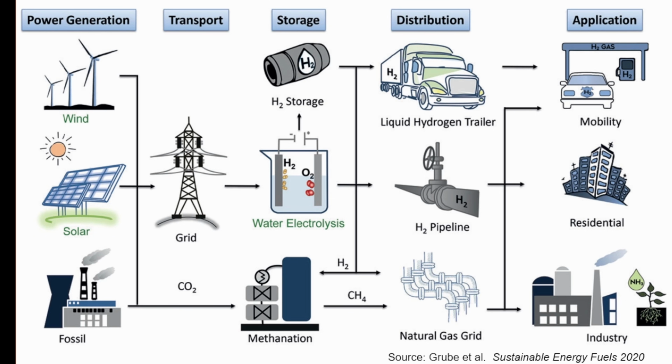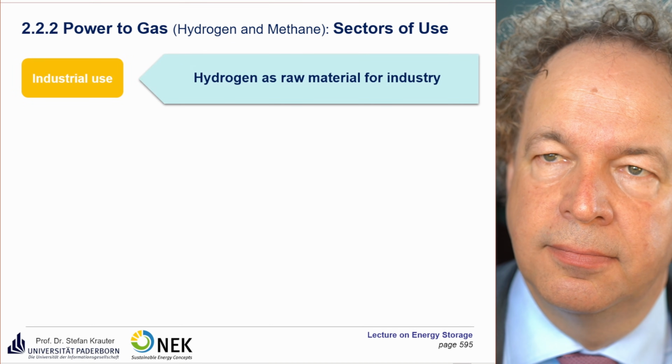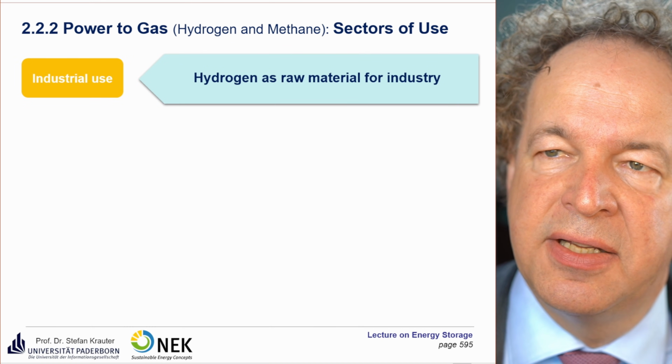Then we have at the end the applications. We have it for mobility. We can use it also for residential use, for heating and or electrical power supply. For the industry, which is the largest consumer of hydrogen. Here we see it again in different representations.